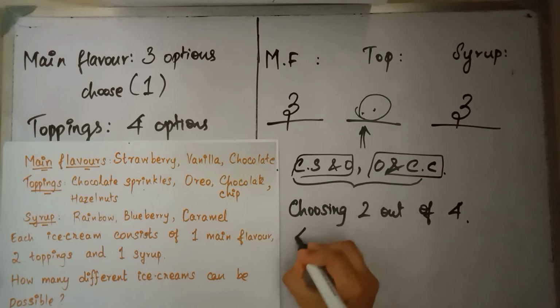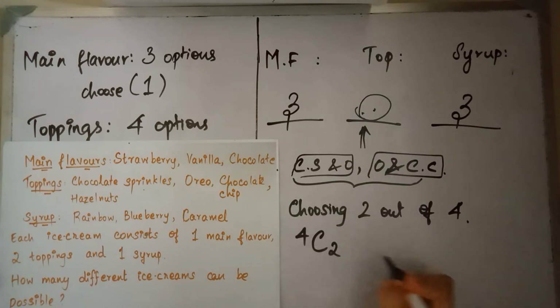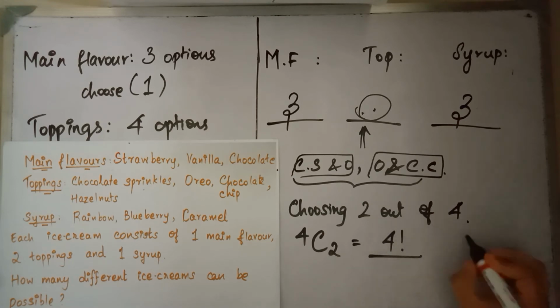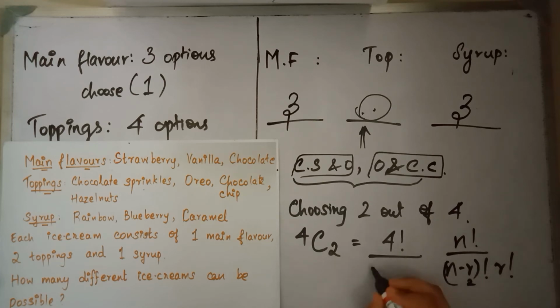We use the combination formula 4C2 and this gives us, the formula is n factorial over r factorial times n minus r factorial. Here n is equal to 4 and r is 2. So we have 2 and 4 minus 2.